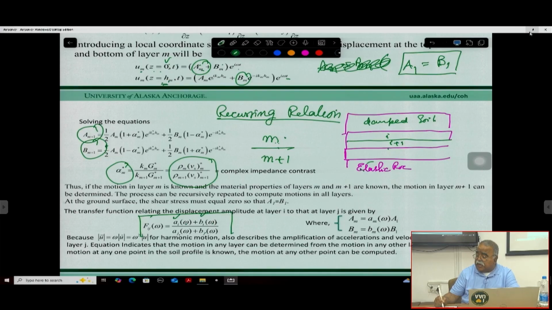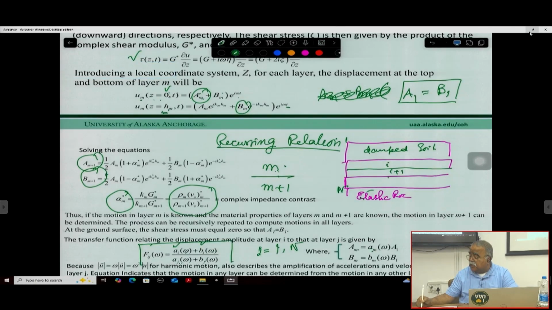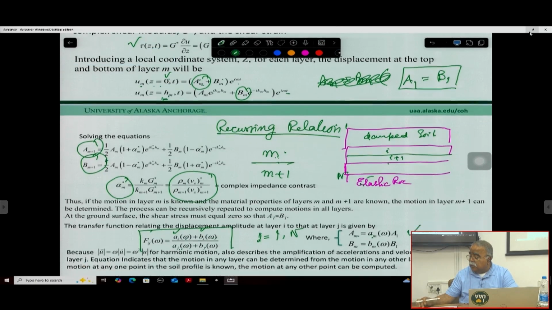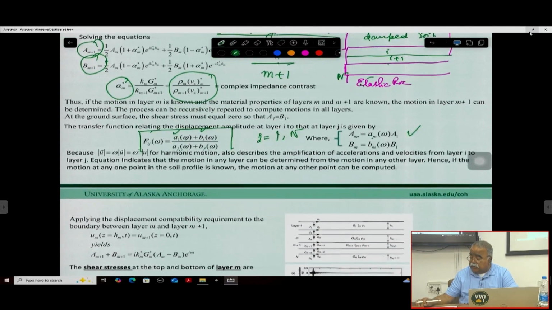Now that J can go from any level from 1 to, let's see, the capital N. So that will be the capital A1 to A N part, and A M we can first calculate, and substitute the relation 1 by 1, and we can find out all the numbers, right?